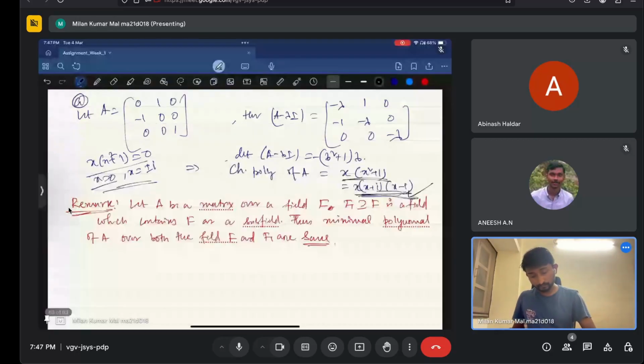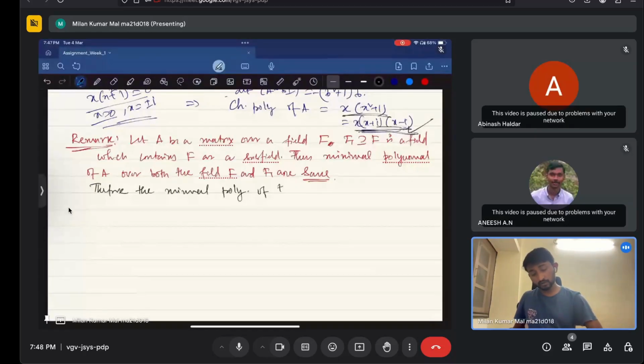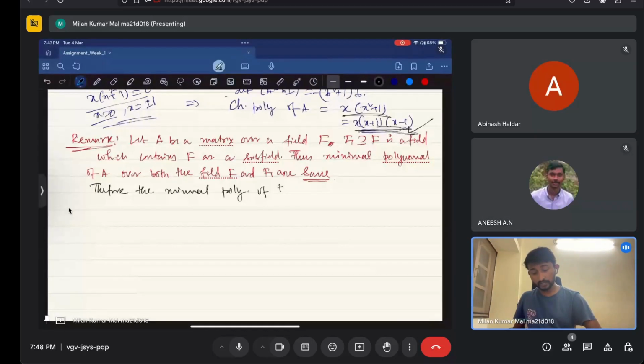So the minimal polynomial of the above matrix is x squared plus 1 times (x minus 1), and the degree of this is 3.